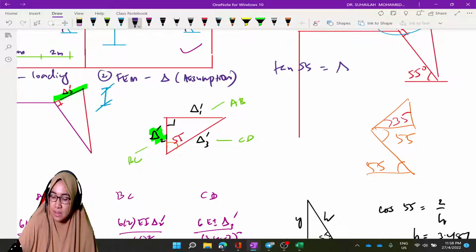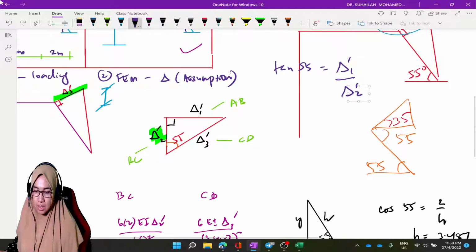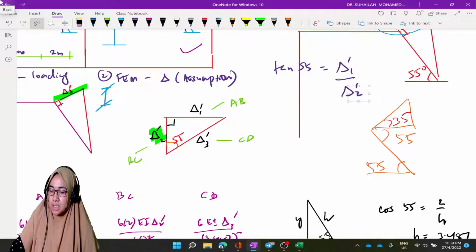So this will produce 1 divided by tangent 55, which is 0.7. Delta 2 prime is equal to 0.7 delta 1 prime.